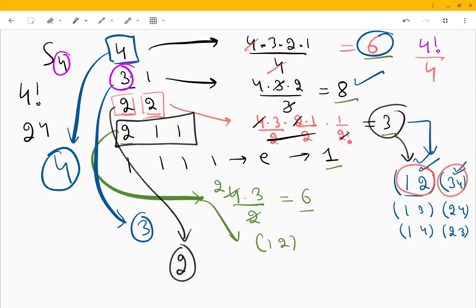How many are there? 6 are there. 1, 2, 1, 3, 1, 4, 2, 3, 2, 4. Then 2, 4. What is left? 3, 2. That is done. 3, 1 is done. Okay, this should be 6.